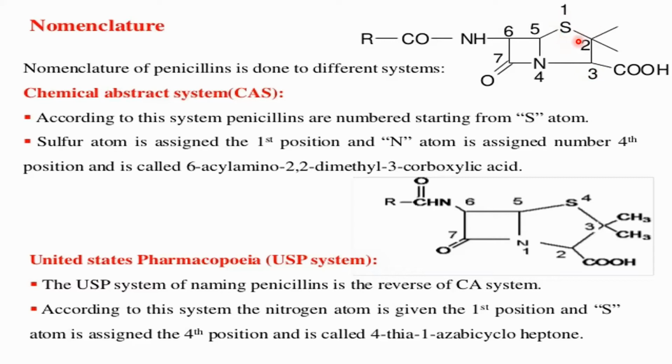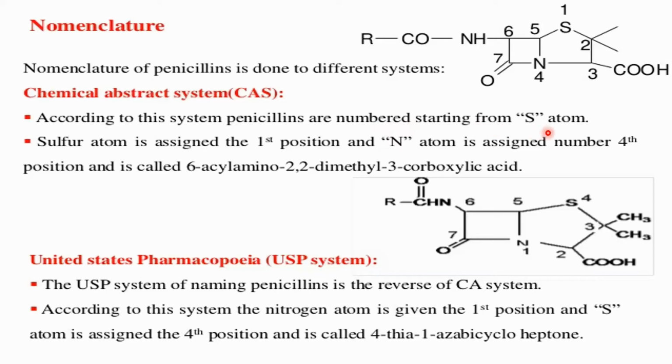Here you can see on the screen the sulfur has been given the first number, the two dimethyl groups are assigned the second number, the carboxylic group gets the third position, and the nitrogen atom gets 4. So here the counting starts from the sulfur. According to this system, penicillins are numbered starting from the sulfur atom.